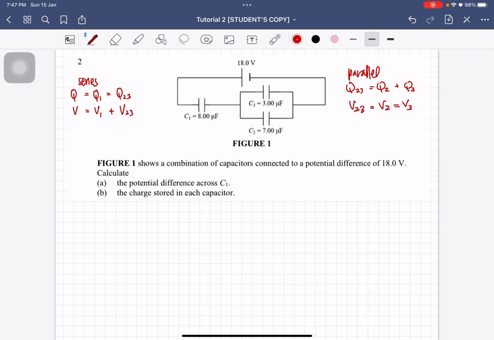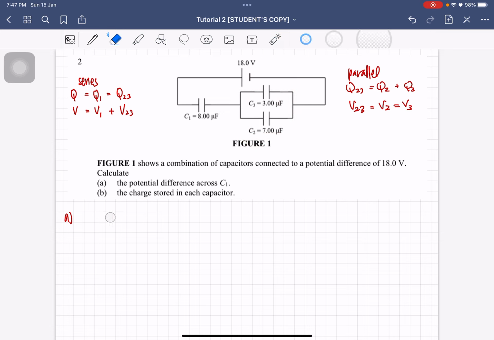Now you have to determine the potential difference across capacitor 1. What I would suggest you to do first is determine the effective capacitance of this circuit. First, we are going to solve these two here.